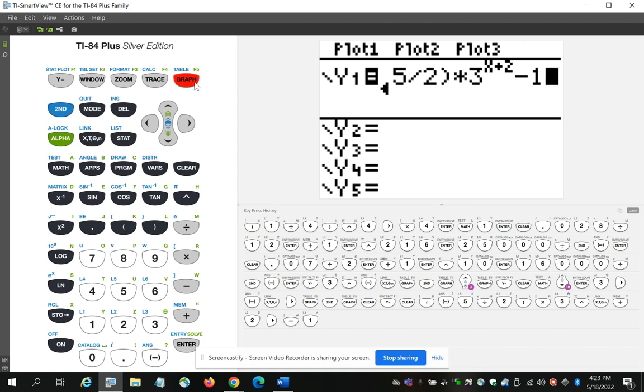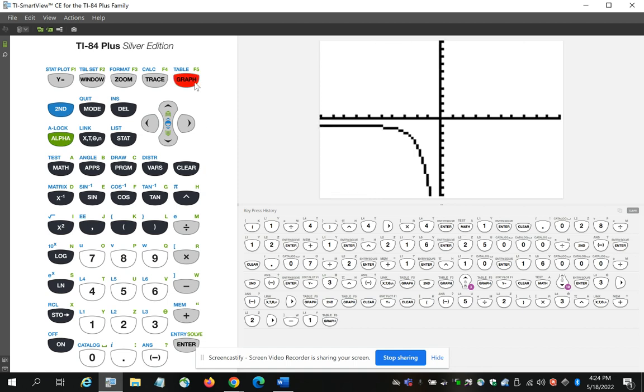And I'm going to hit graph. Okay, and I'm looking for the range. The range corresponds to the y. Visually, it looks like I'm coming up from negative infinity, and I never get above negative 1.